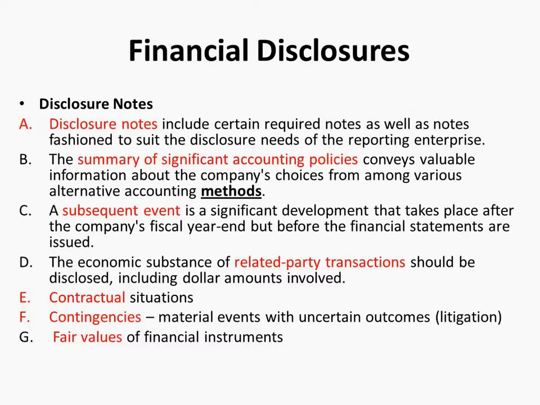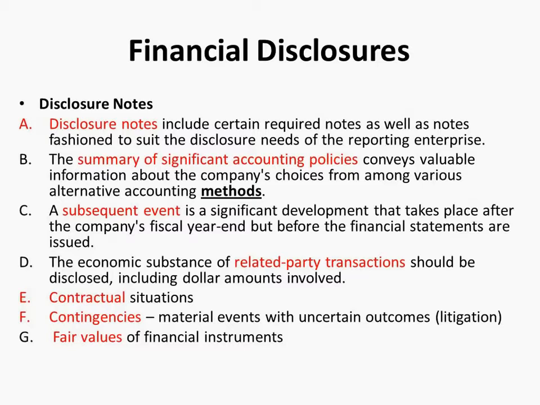Okay? So the related party transaction, the detail and the dollar amounts, would always be in some other note. Okay? Any significant contracts that may need to be spelled out would have to go into an other note.